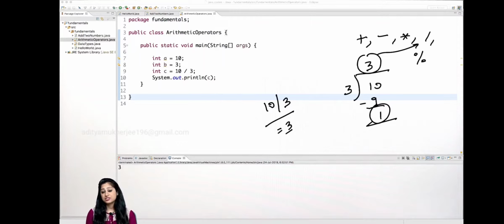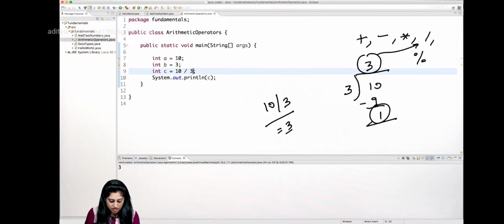By that I just want to convey that the answer is an integer and not a double, not a decimal number, right? By default, if the operation that you're performing is on two integers, then your answer will be an integer. So here 10 is an integer, 3 is an integer, so the answer is an integer.